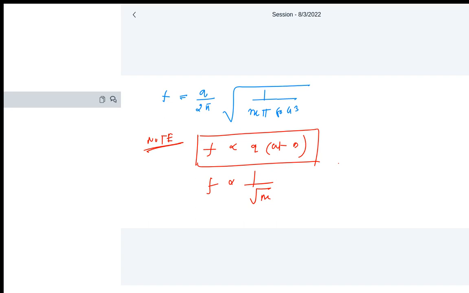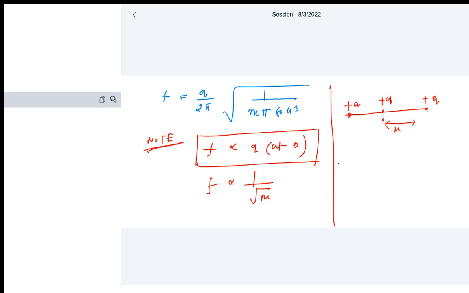So basically, this is the configuration. There are positive charges. This is also valid for negative charges. At the mean position O, there is a charge Q. And this charge is now displaced a small distance, either A or B, either along the positive x-axis or negative x-axis, an arbitrary direction.